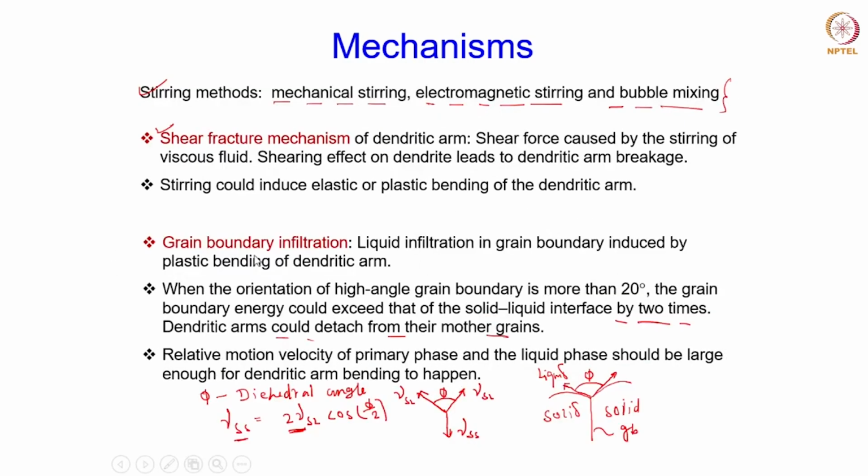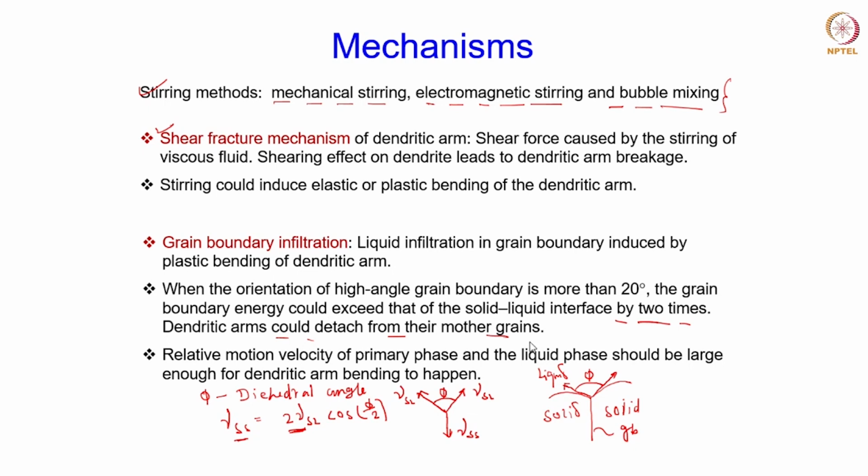Then we also talked about grain boundary infiltration, which occurs due to the plastic bending of the dendritic arm, which is again caused by the shear. When the misorientation across the grain boundaries due to this plastic bending exceeds 20 degrees, the liquid penetrates the grain boundaries and leads to detachment of the dendrite arms from the mother grains.